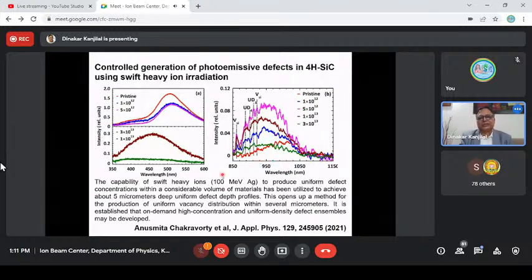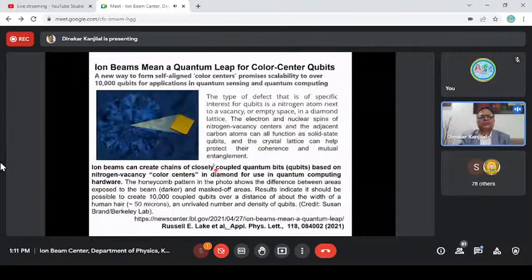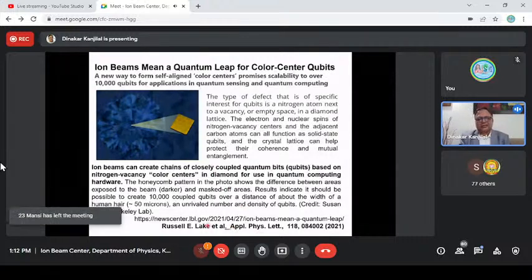With 100 MeV silver we could show this. But recently, last year, very important data has come from Lawrence Berkeley Laboratory, that they could make 10,000 coupled qubits over a distance of a human hair by using an ion beam.